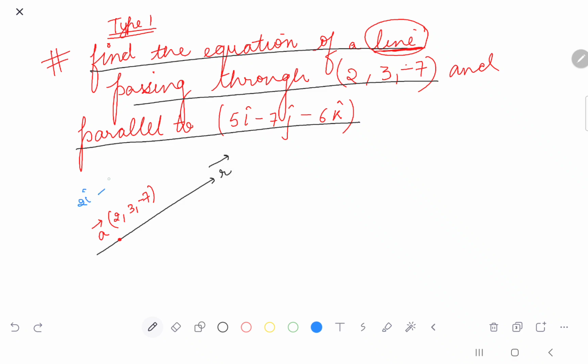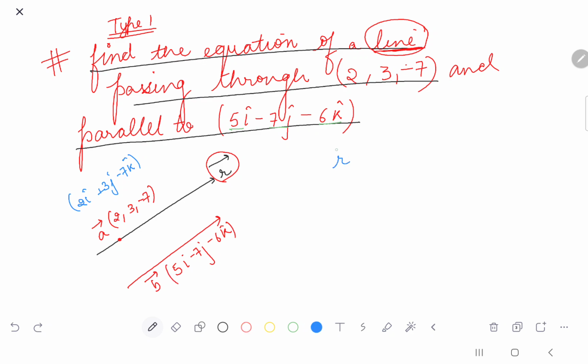It could be 2i cap plus 3j cap minus 7k cap. And it is parallel to 5i cap minus 7j cap minus 6k cap. That means parallel to this vector. This vector is vector B for me, because my required line R is parallel to 5i cap minus 7j cap minus 6k cap.